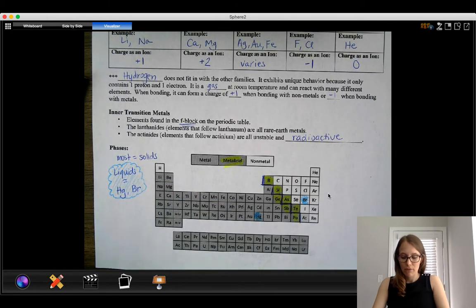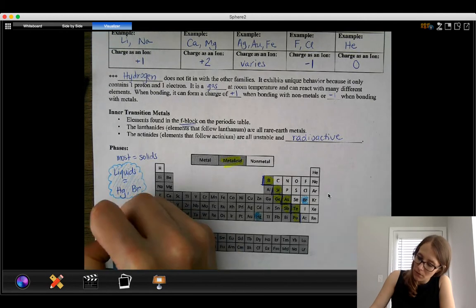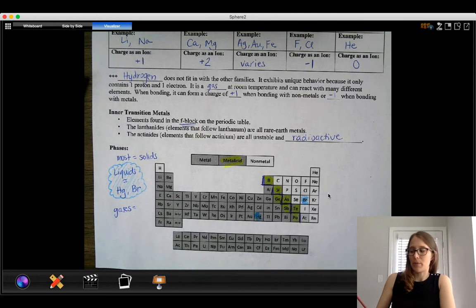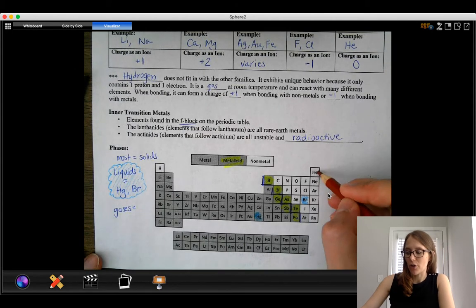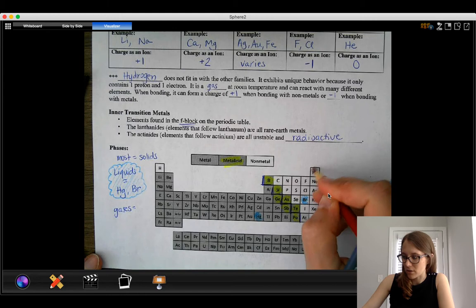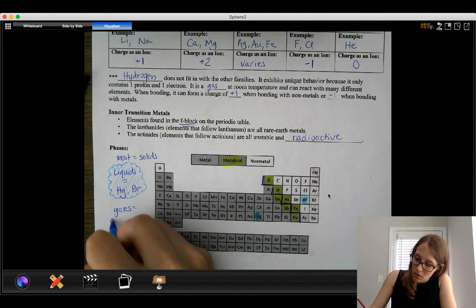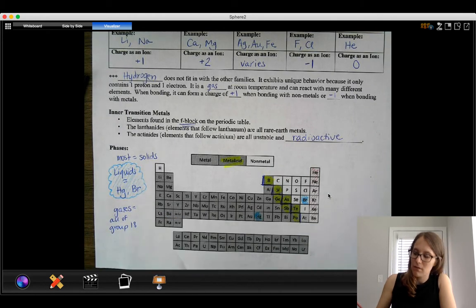And then there's a handful of elements that are gases at room temperature. The elements that are gases at room temperature, first and foremost, are going to be all of our noble gases. That's why they're called noble gases, because they're all gases. So all of group 18 are gases.